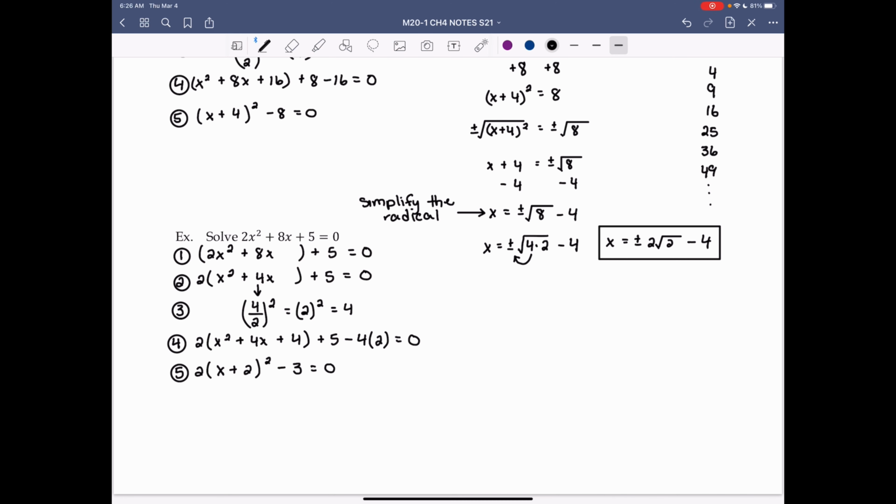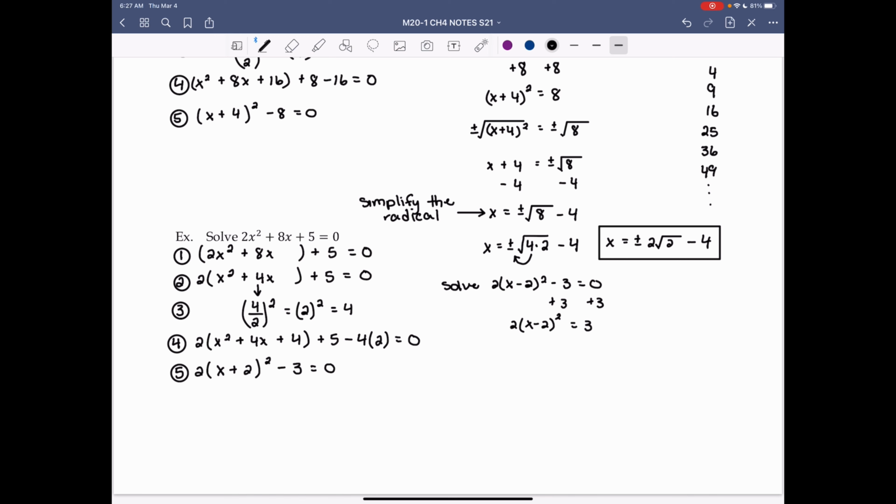Okay, now we want to solve this for x. Start by adding 3 to both sides. Then we get 3 on the right and 2 times x plus 2 squared on the left.